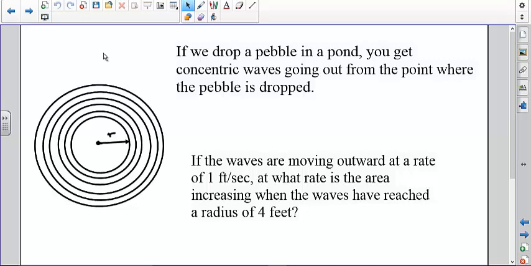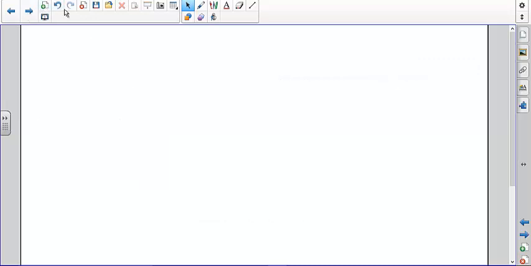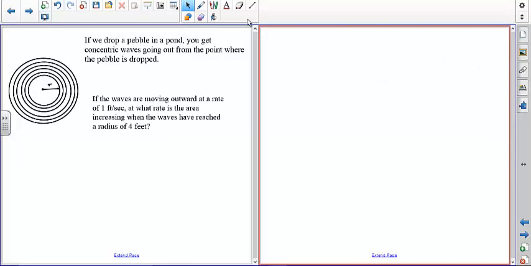So our geometric relationship that we're going to use in this problem is area equals pi r squared. So let me just write that down.